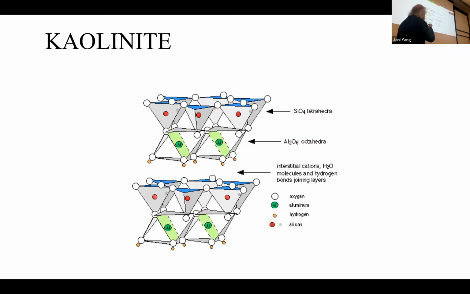It's silicon SiO4 tetrahedra that form a two-dimensional plane. They are connected to the octahedral plane, which is basically all aluminum. So a clay like kaolinite is a silicon aluminate structure.